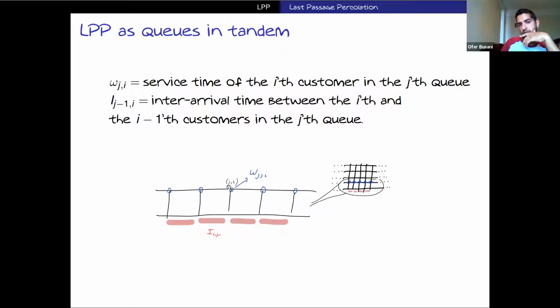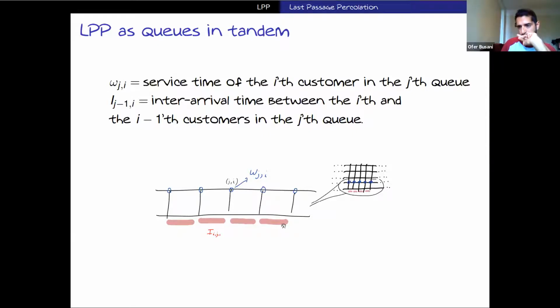If this is the (i, j) point, this would be the service time of the j-th customer by the i-th server. So these would be the service times, and these would be the inter-arrival times.